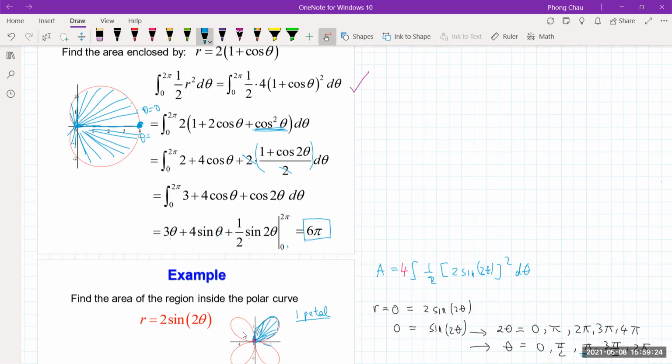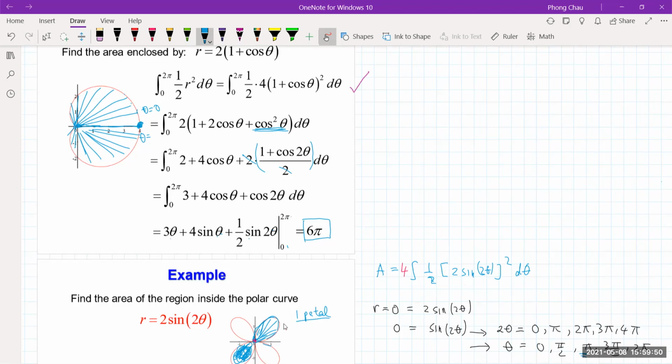So it depends on which loop or which pattern we're looking at. If the problem asks you to find the area of this only, then your setup is going to be the same, but you've got to be aware that it's not going to be the same as what we have over here, right?